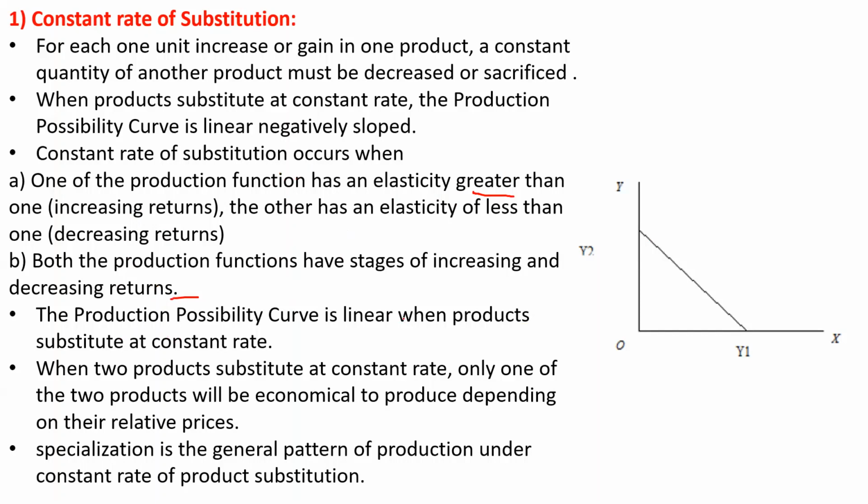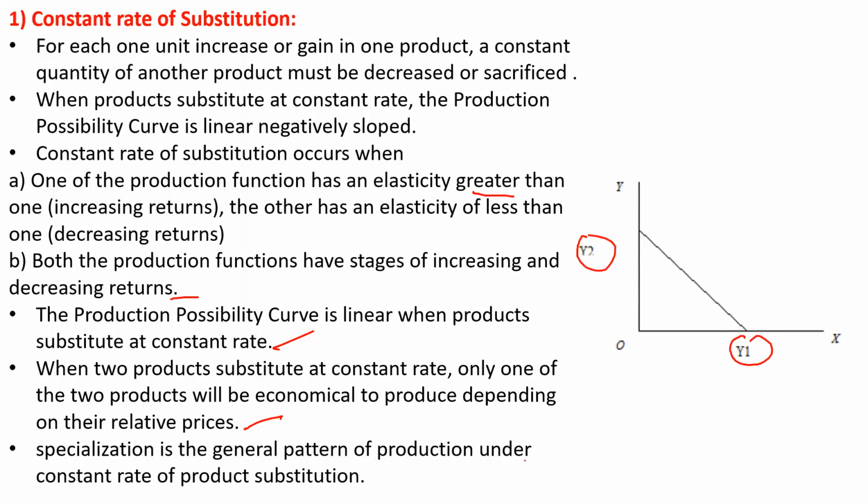Then the production possibility curve is linear when the products substitute at constant rate. We have seen this is the linear curve. Then when two products substitute at constant rate, only one of the two products will be economical to produce depending on the relative price. जब constant rate of substitution में है तो दोनों में से एक ही प्रोडक्ट प्रोड्यूस करना चाहिए जिसका प्राइस हाई हो, जिससे रेवेन्यू ज्यादा मिलेगा वो प्रोडक्ट प्रोड्यूस करना चाहिए.